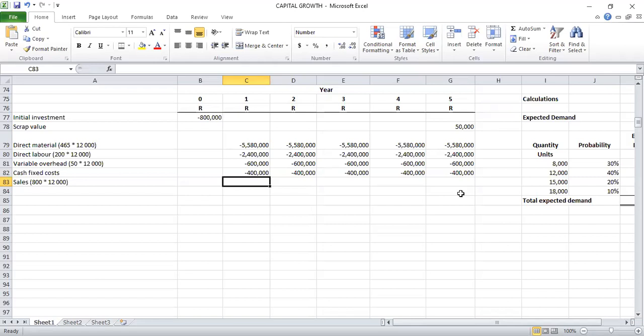What do we get? 9.6 million. This one is positive. Right. Any questions?